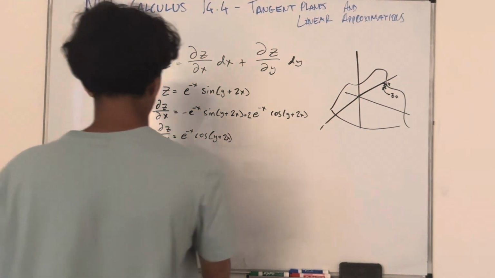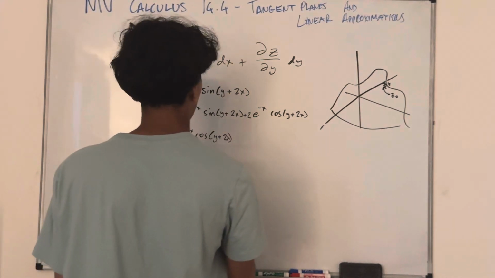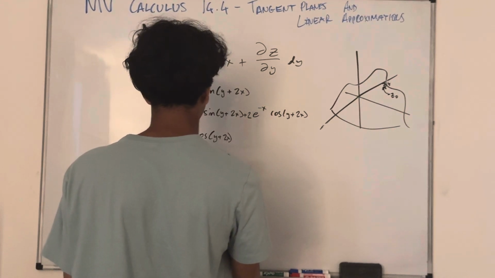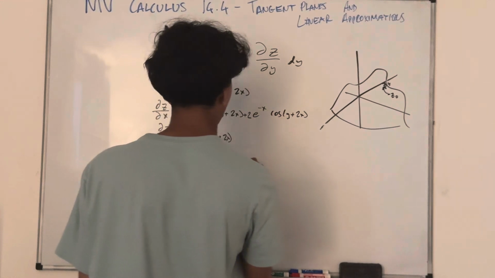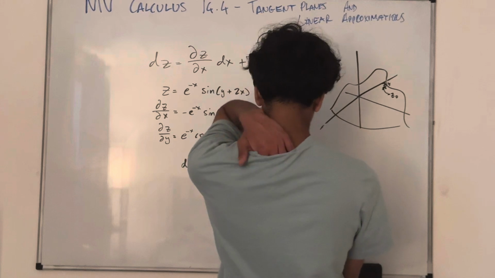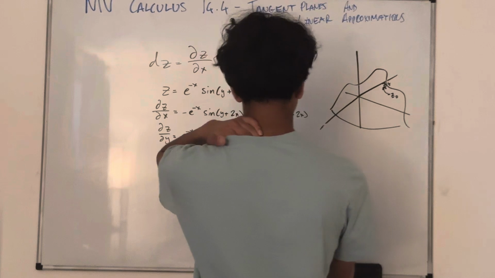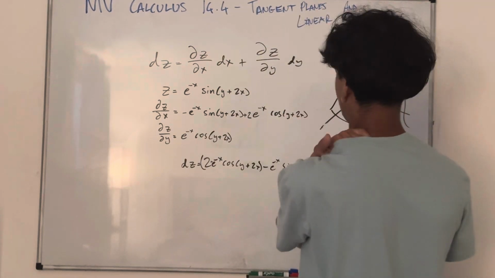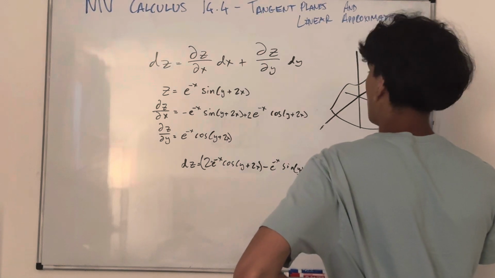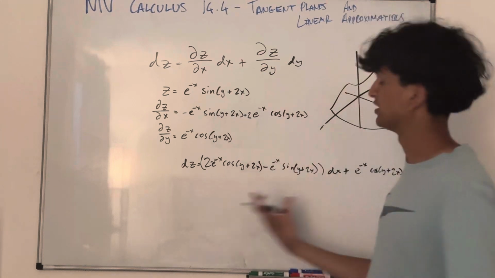So my final differential will look something like this: 2e to the negative x cosine of (y plus 2x) minus e to the negative x sine of (y plus 2x), all of that times dx, and then plus e to the negative x cosine of (y plus 2x) dy. So that's what my differential will look like.